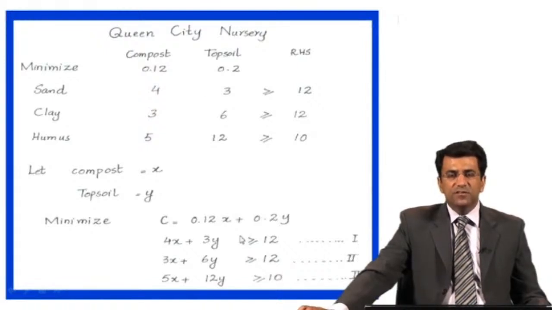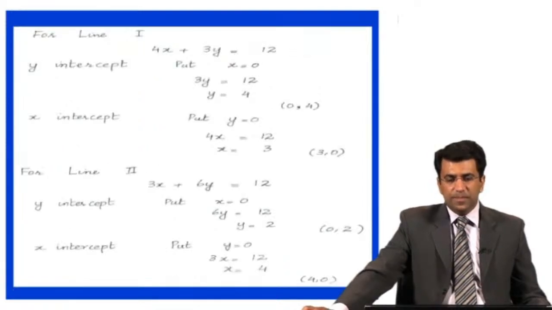Now up till now what we did, we identified the cost function, we identified the different constraints represented in the form of inequalities. Now again this is the case of cost minimization, that is we are interested to minimize the cost. Now again students, now you have enough practice in solving the different equations.